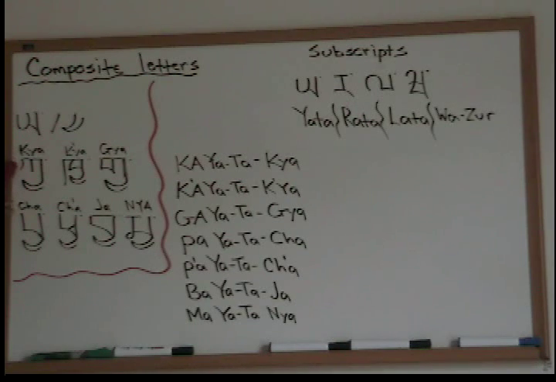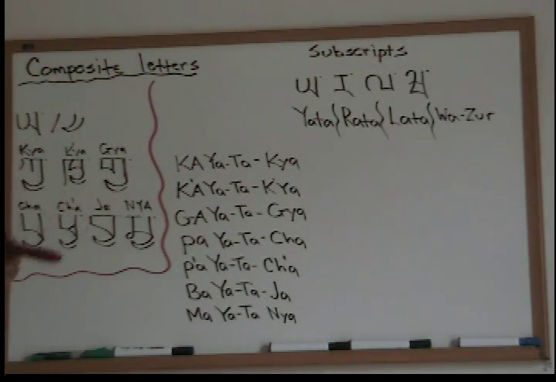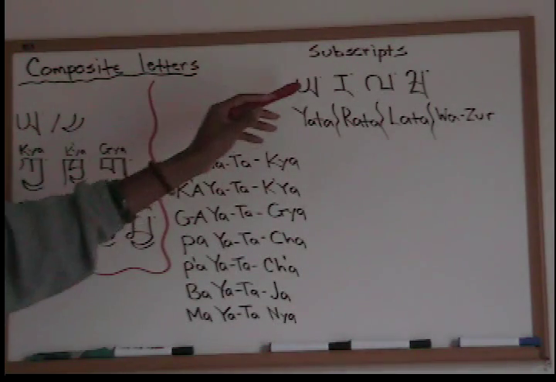Let's start with this letter here, ka. You have yata. Like I told you before, when you spell a letter, you have to sound it out. Remember gigu? We had ga, gigu, gi. Here is the same thing, only this time a different letter is the subscript.